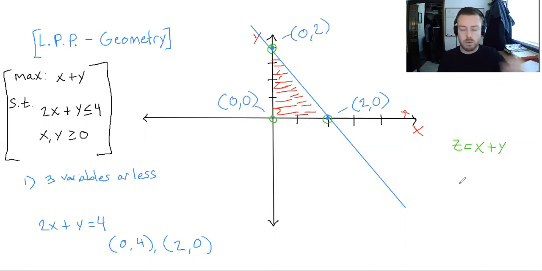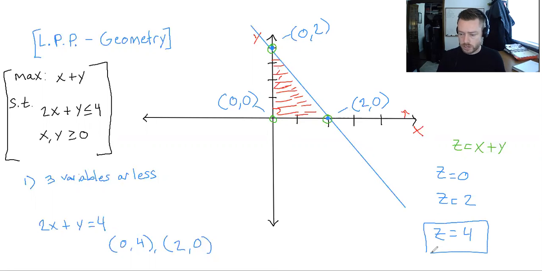To figure out which one of these points gives us our maximum value for z, we just plug these x and y values into this function right here. For the origin, we get that z is equal to 0. For this one on the x-axis, we get that z is equal to 2. And for the last one, the one on the y-axis, we get that z is equal to 4.